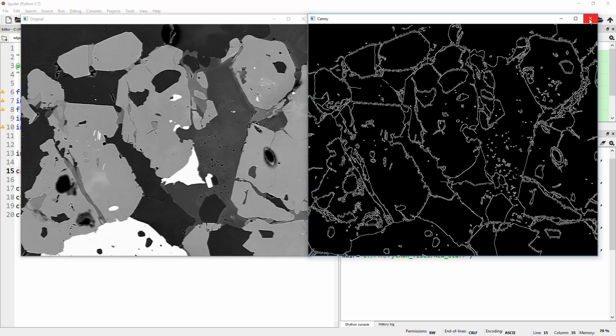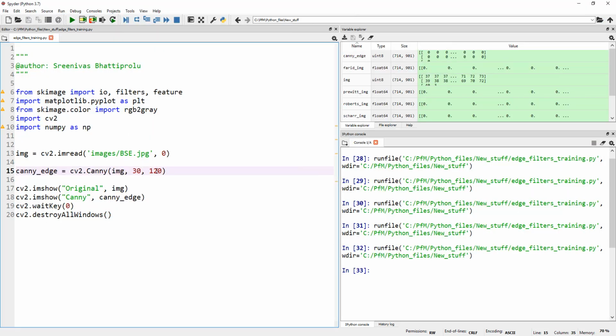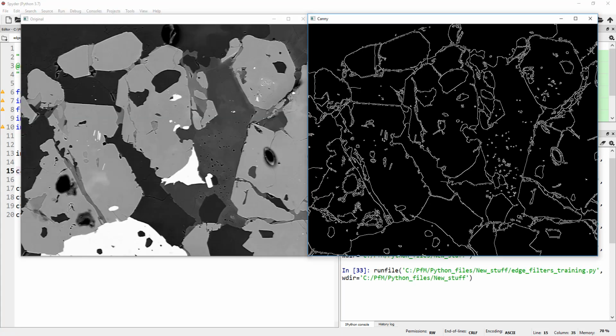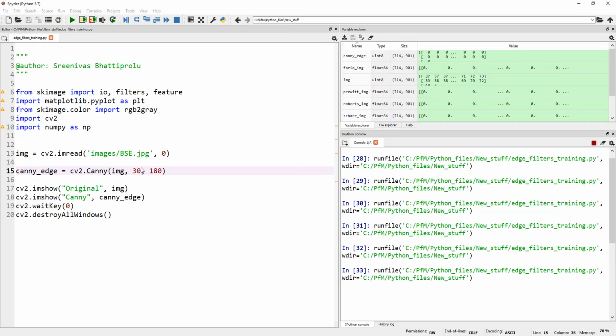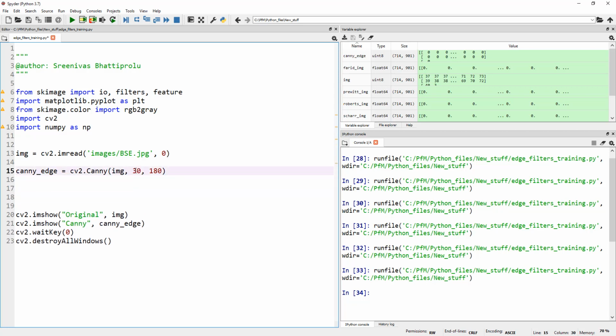Okay, that still looks pretty bad. This is my issue with Canny. 180. Some of these edges are kind of okay, but honestly, this is the reason why I always use Sobel.